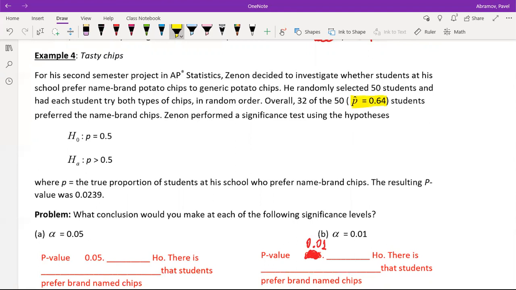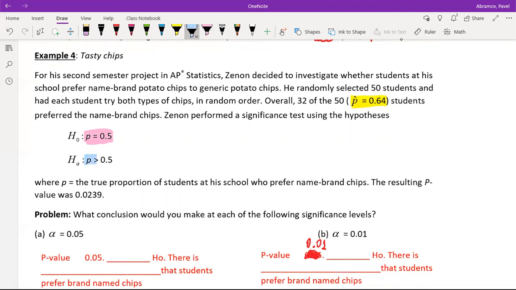Remember, you're writing your null hypothesis and alternative hypothesis always in terms of the population, or in terms of the parameter. So notice that in both cases, we are using p and we're stating that there's either no difference, so p is equal to 0.5 or 50%, or that the population parameter is greater than 50%.